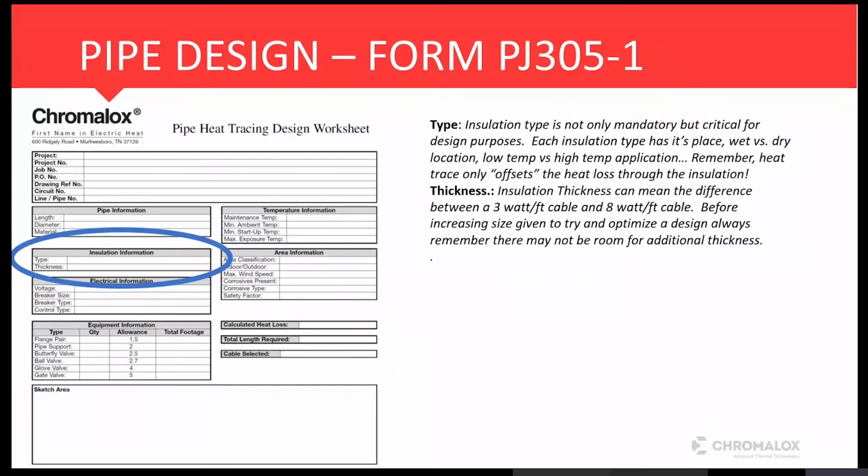But before you automatically assume, hey, I can take this from 1.5 inches to 3-inch insulation, and man, that knocked me down from a 10-watt to a 5-watt, keep in mind that a lot of these lines are an existing system, an existing pipe rack, or in a 3D model that's already designed with only a certain amount of space available. So keep that in mind on thickness, but that is one thing we can get into later in a whole other discussion on design optimization.